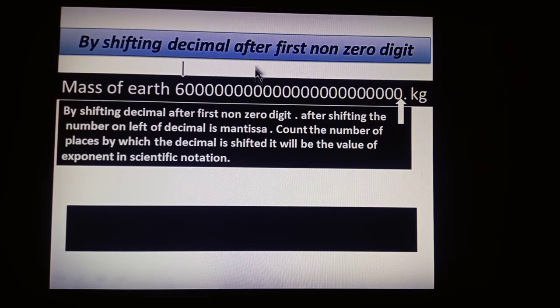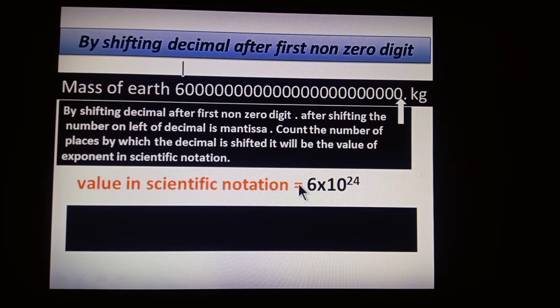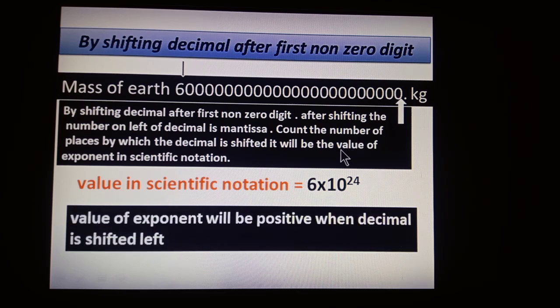So by this rule, the value in scientific notation will be 6, the number on the left of the decimal, multiplied by 10 raised to the power 24. 24 is the number of positions through which the decimal is shifted. Since the decimal is shifted towards the left, the value of the exponent will be positive.